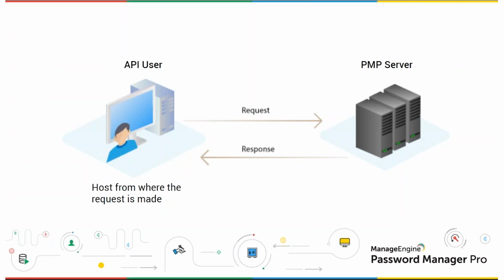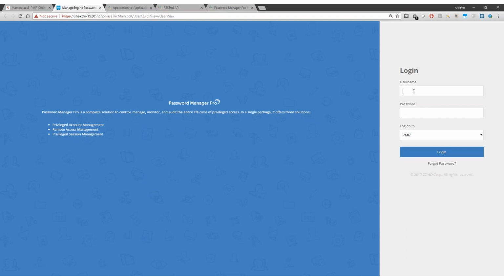So let's see how you create an API user in Password Manager Pro. So I'm just going to log in as an administrator into the Password Manager Pro web interface quickly.